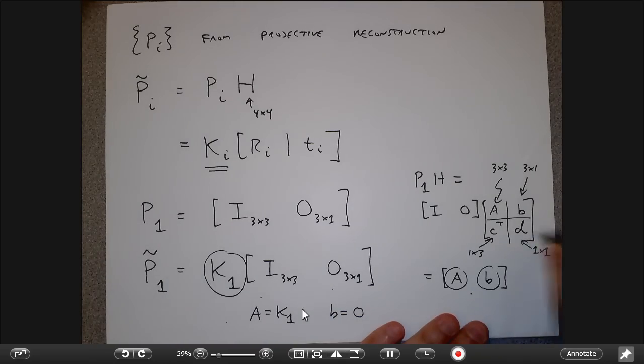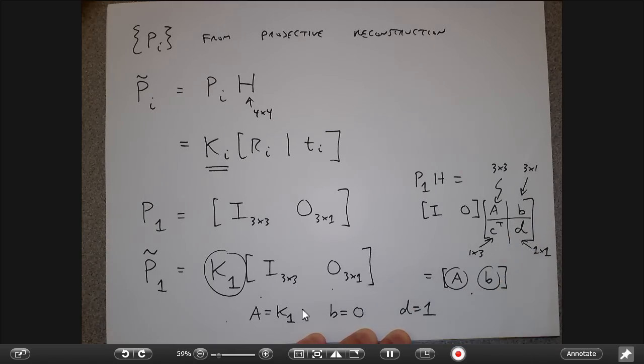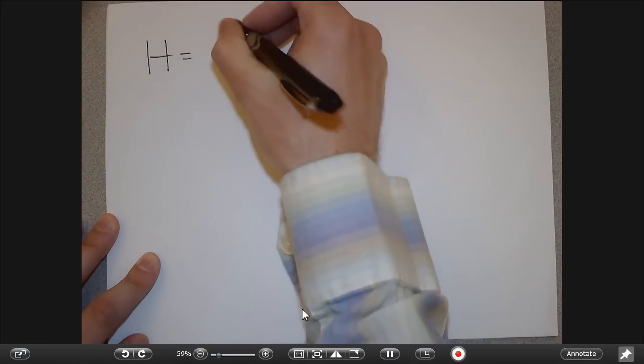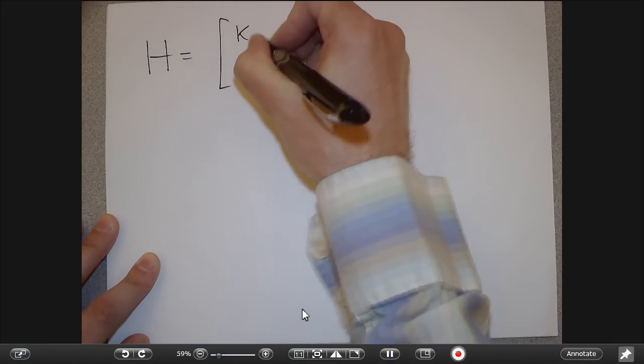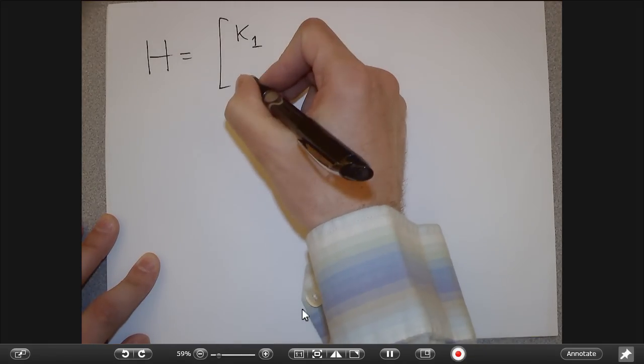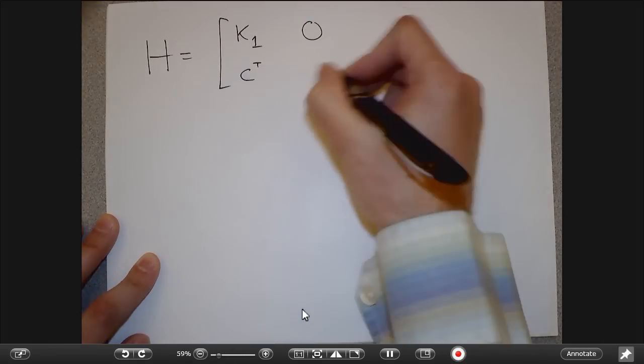And since I want this to be a non-singular matrix, I'm just going to force D to be equal to 1. That way, since this is non-singular and this is 1, I'm always going to have a non-singular matrix. So H has a particular form: it has a camera calibration matrix here, zeros here, some vector here, and a 1 here.